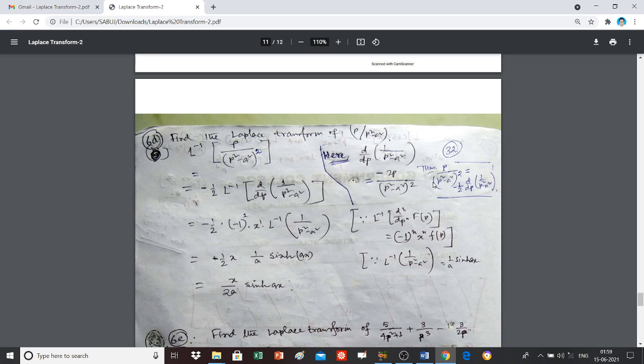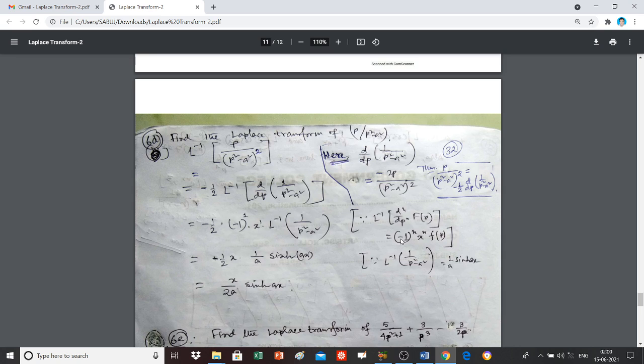Just use the value we have calculated, the value of p by p square minus a square whole square, just substituted here. So minus half then L inverse d dp of 1 by p square minus a square is equal to, using the relation, because you know the property that L inverse of d n by dp n of F(p), where F(p) is the Laplace transform of the function f(x), is equal to minus 1 to the power n x to the power n f(x).